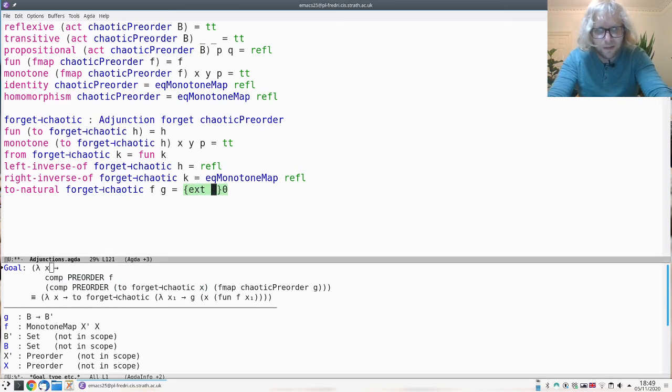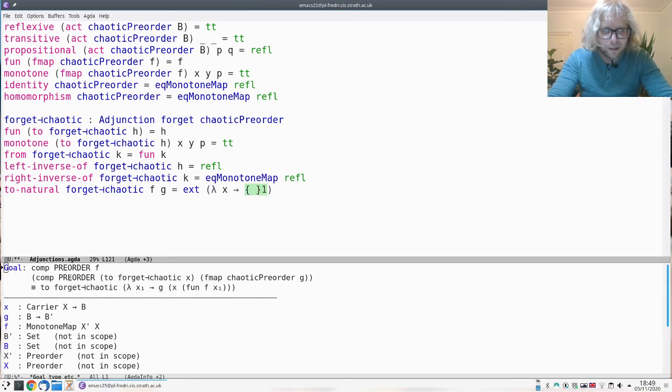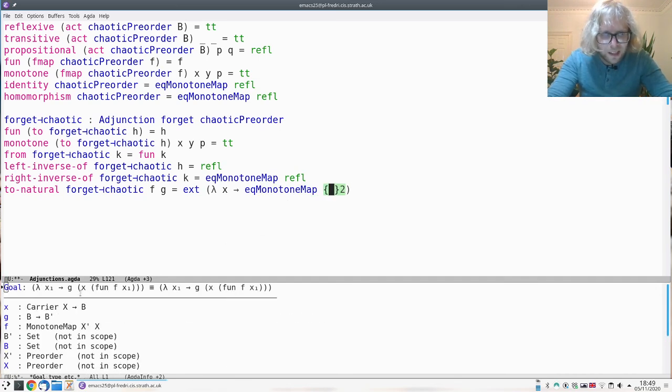So we can do that with function extensionality. And now we are proving an equation between two preorder maps. So we can use EQ monotone map. And now we see that we've been lucky. This is exactly the same. So we can just prove this with REFL.